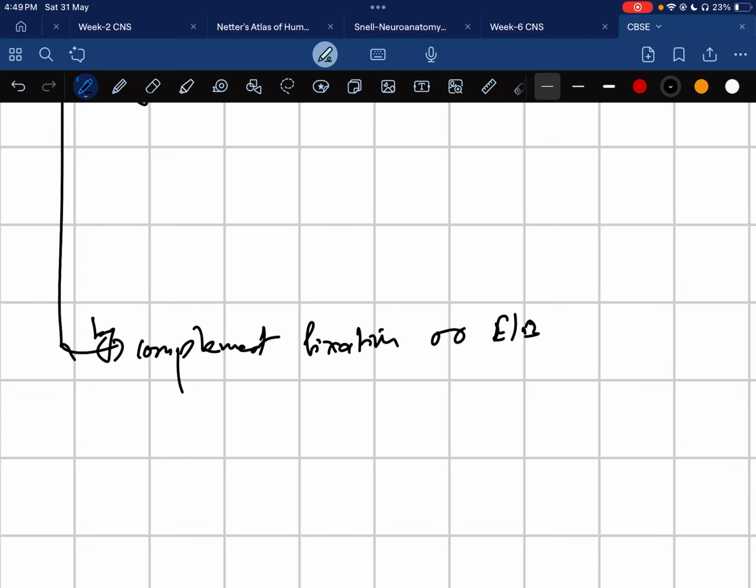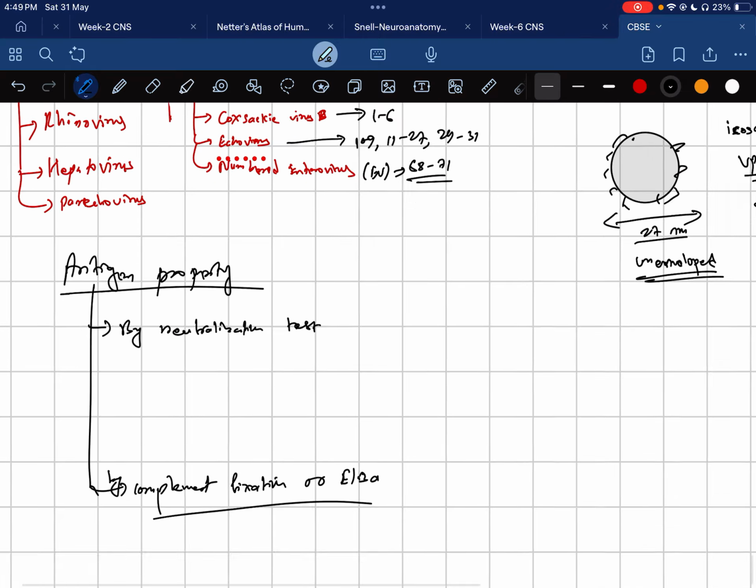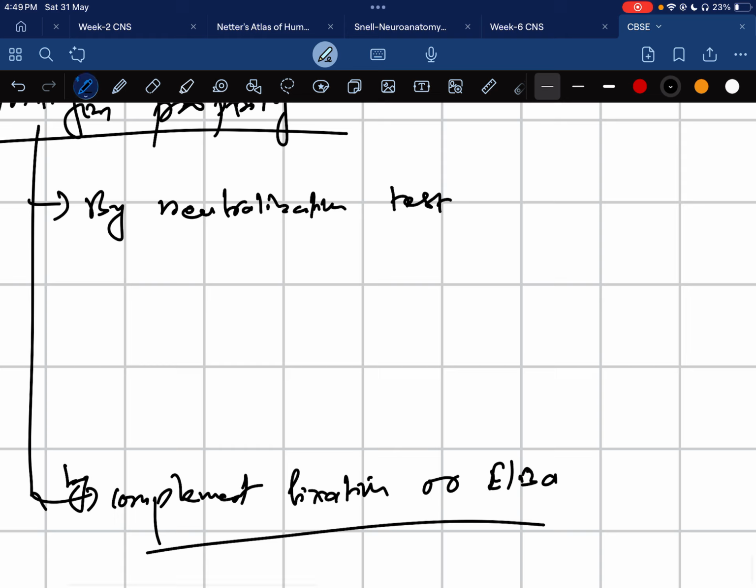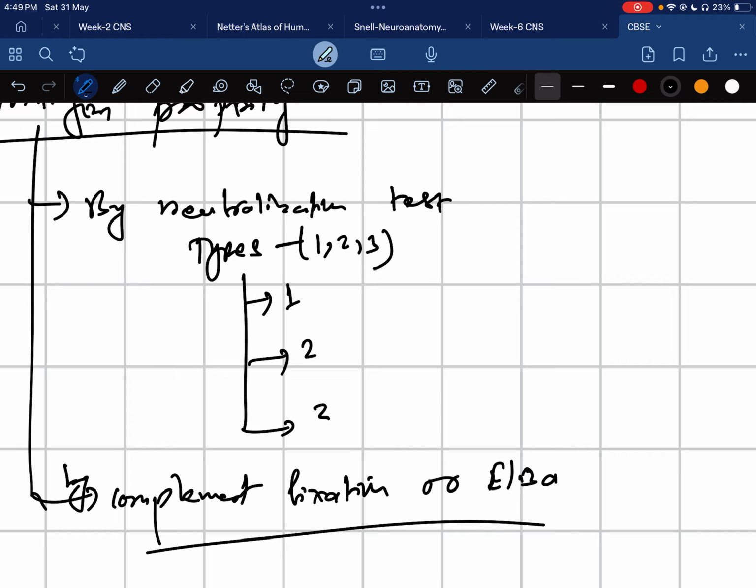By the neutralization test, there are three types: type 1, type 2, and type 3.